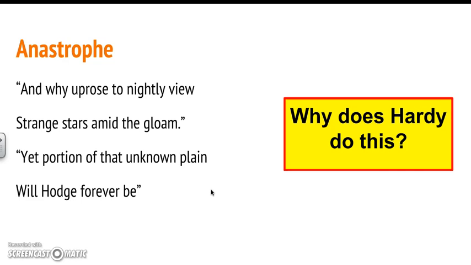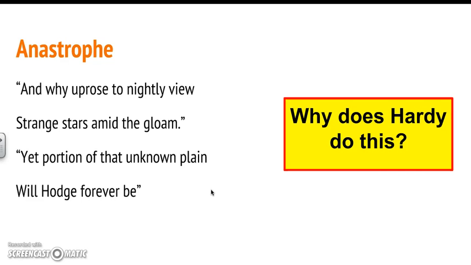He's used astrophe. But it's no good just identifying that he has used astrophe. We have to say why. We have to at least have a go at trying to decipher why he's used a certain poetic device.